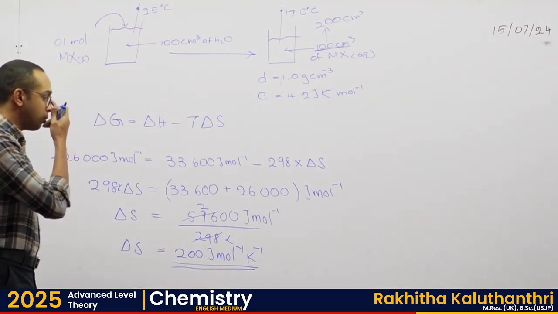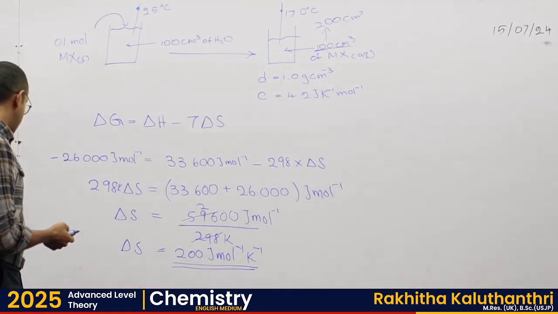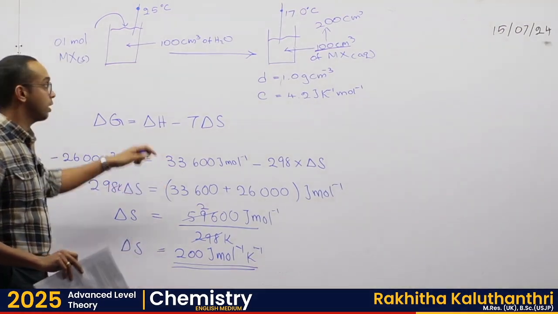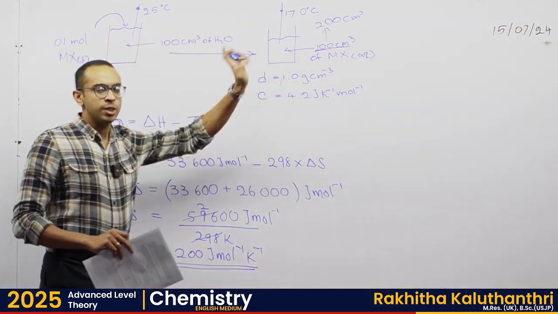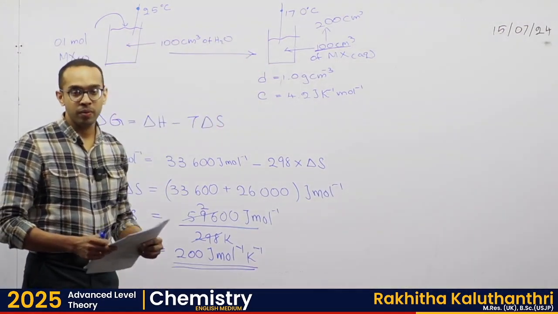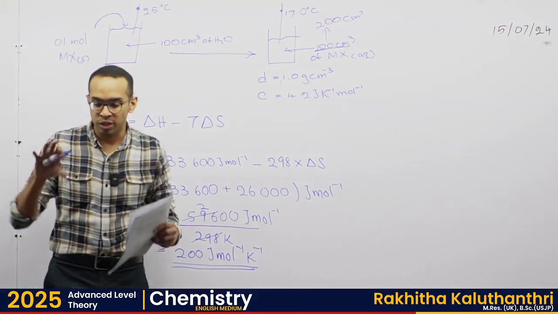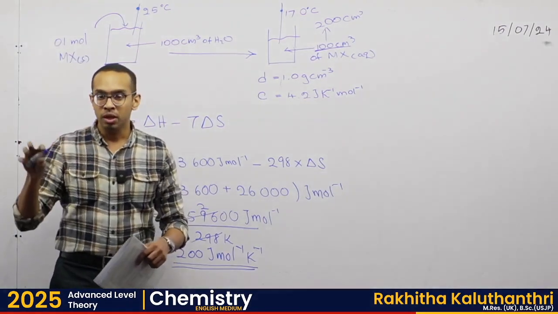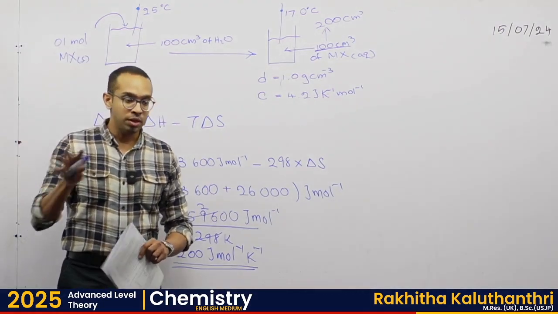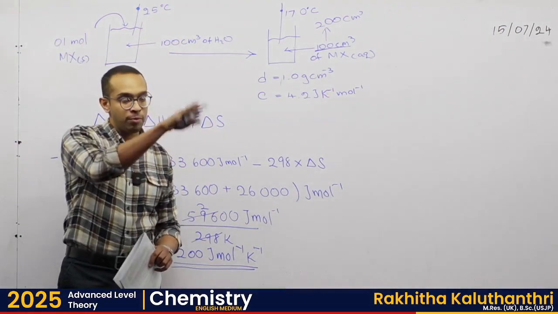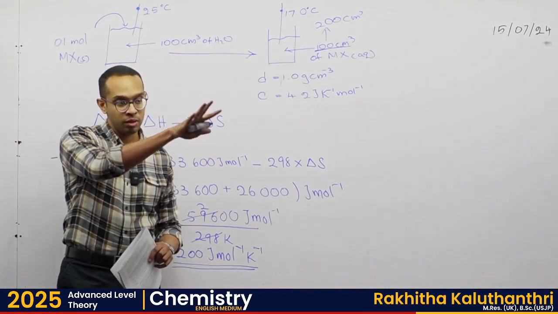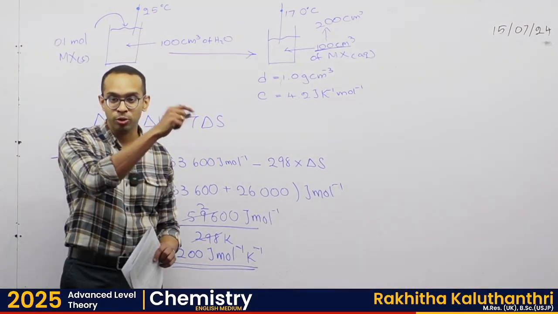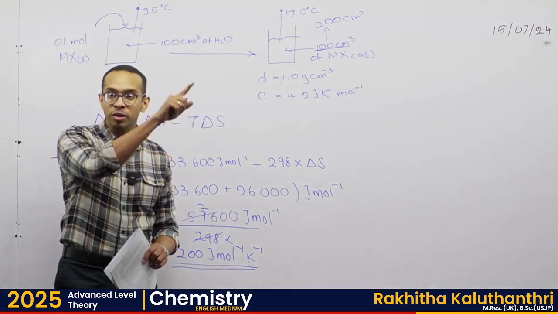Okay, so now after doing this they are asking you another question. Now entropy is increasing, students. Dissolution usually increases entropy, right? You have a solid which is tightly packed, and then you have a solvent which has molecules that are freely moving. When it is dissolved, we have a solution where the solvent molecules are freely moving, and apart from that, the solid particles are also now freely moving.